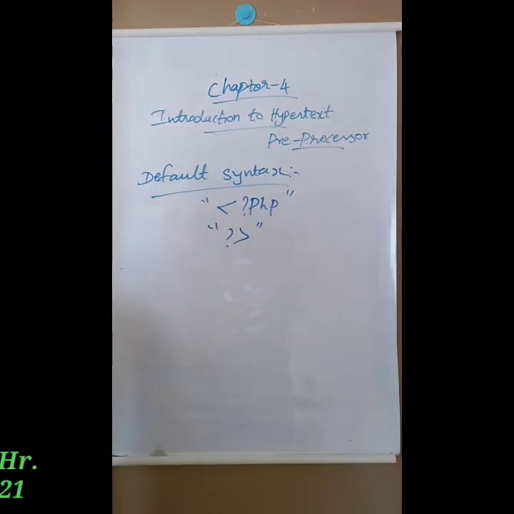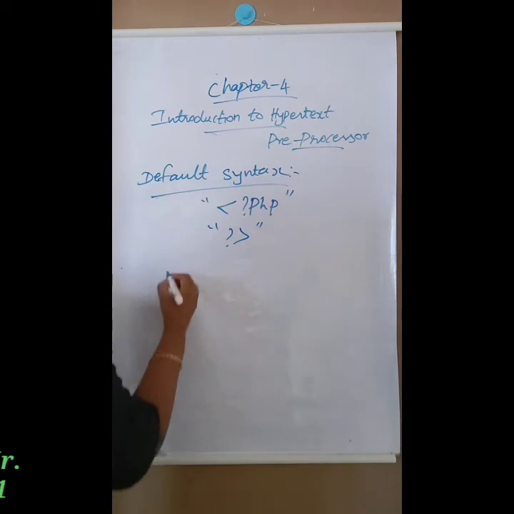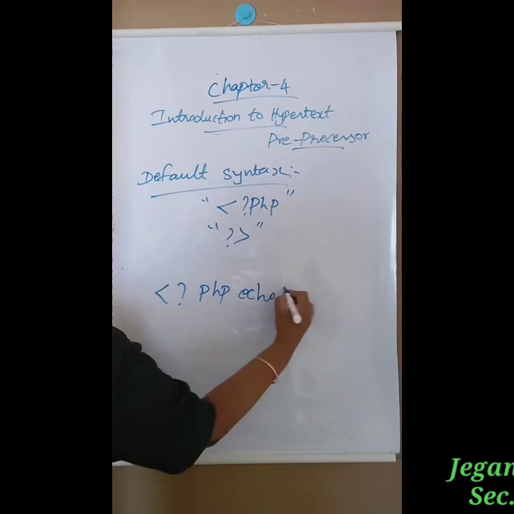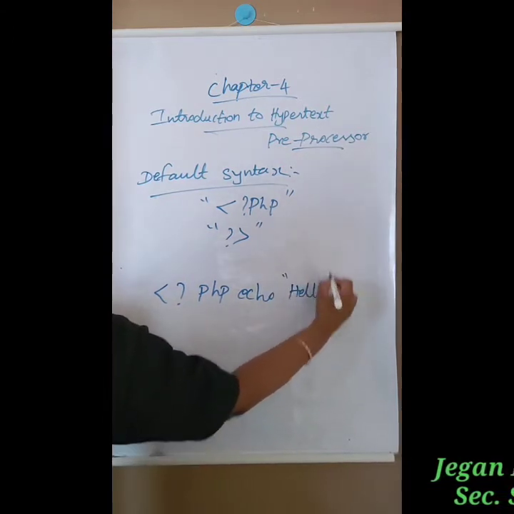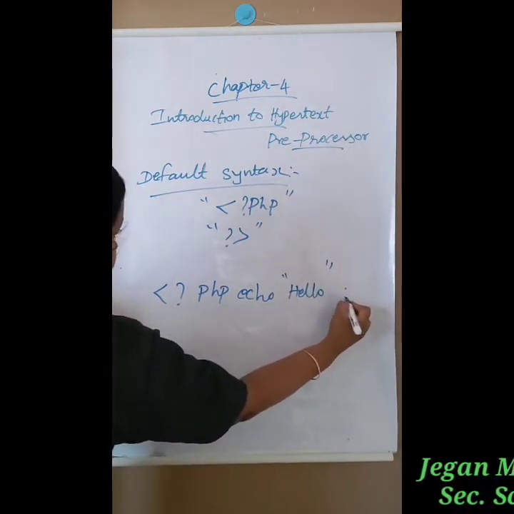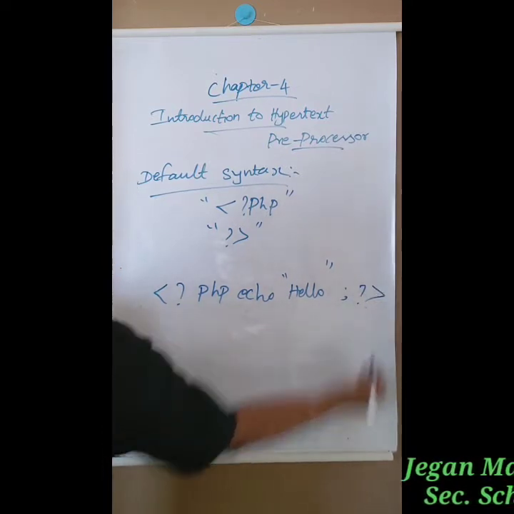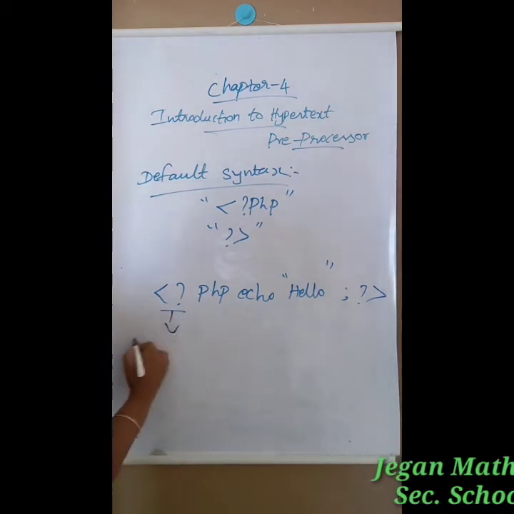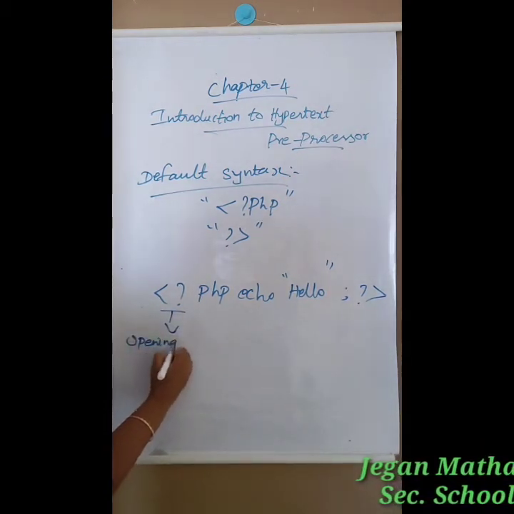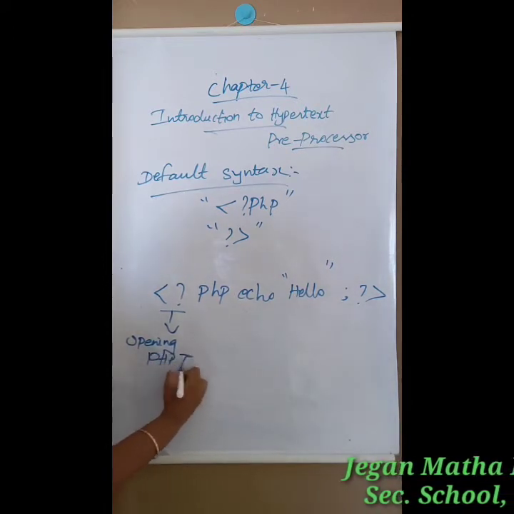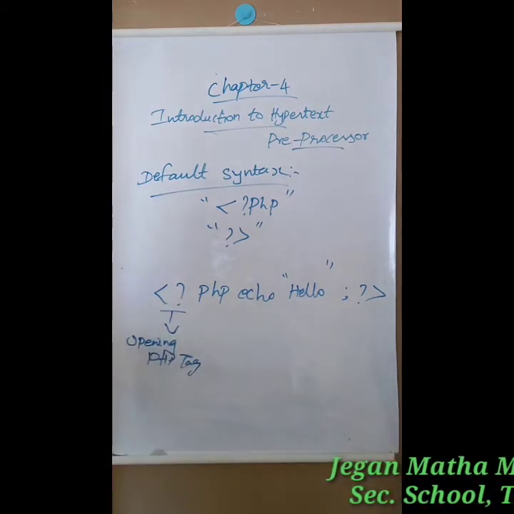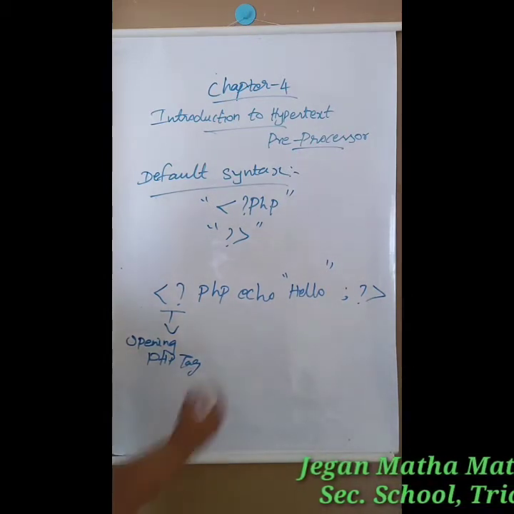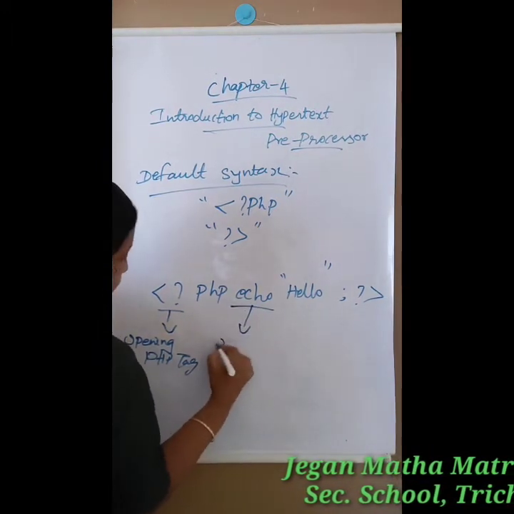Now let us see the syntax of default PHP: open tag, echo, hello, semicolon, close tag. This is an example. Here this one is called the opening PHP tag. The next one, the echo command, is used for one or more output strings, so it is used to print the output.